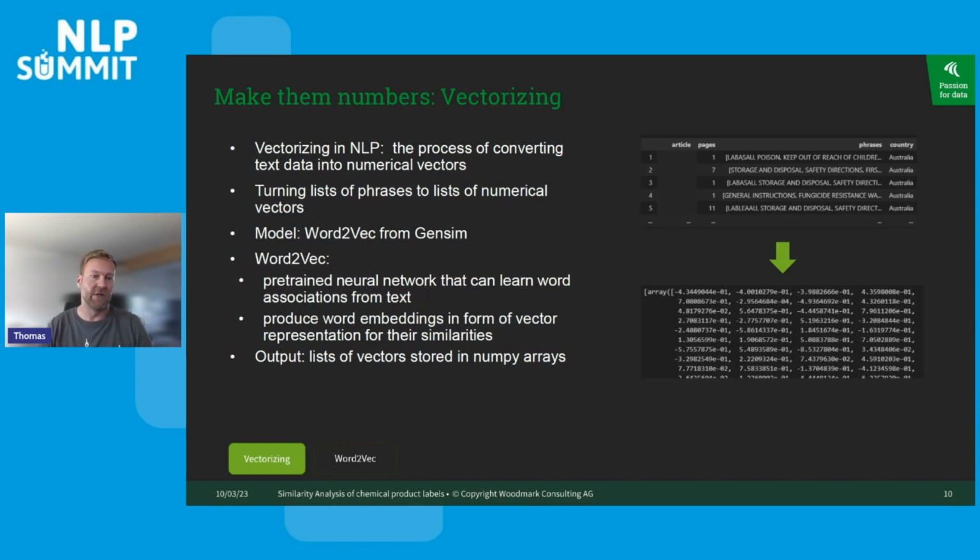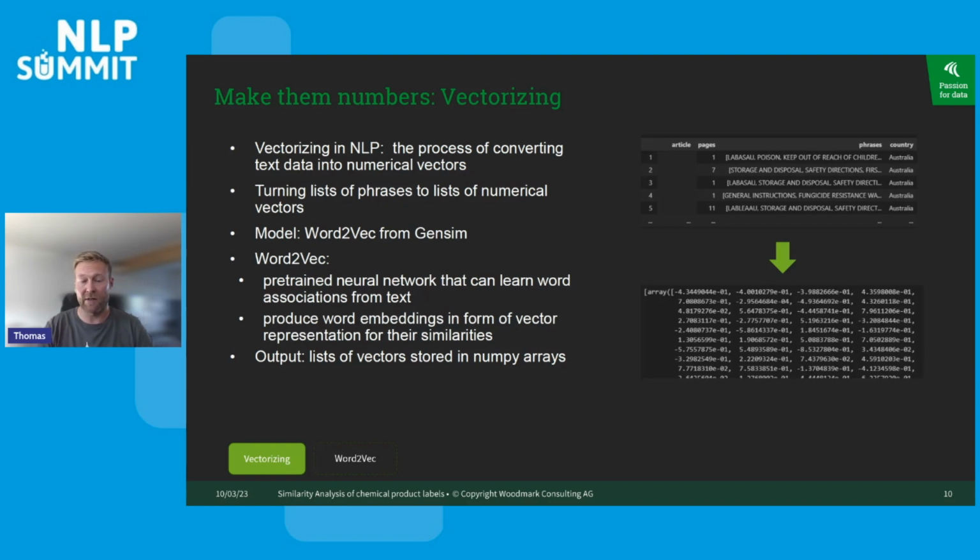So we're turning lists of phrases into lists of numerical vectors. For this, we're using the word2vec model from Gensim. Word2vec is a pre-trained neural network that can learn word associations from text. It can produce word embeddings in the form of vector representations for their similarities.